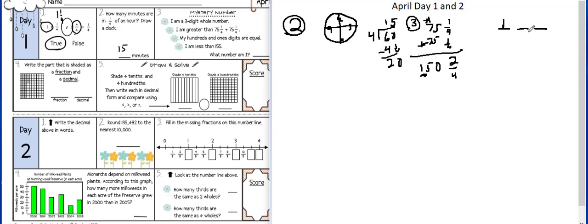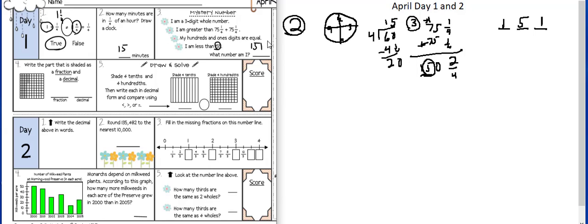And I know that I have a 1 in my ones place because my hundreds and ones digits are equal. So they both have to be 1. And I'm bigger than 150 and a half, and I'm less than 155, so that means my tens digit needs to be a 5. So I am 151.